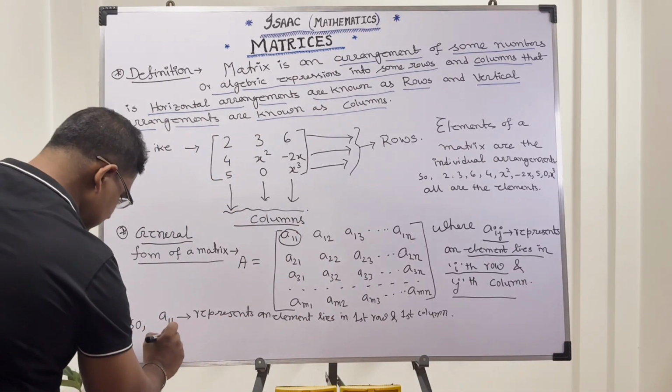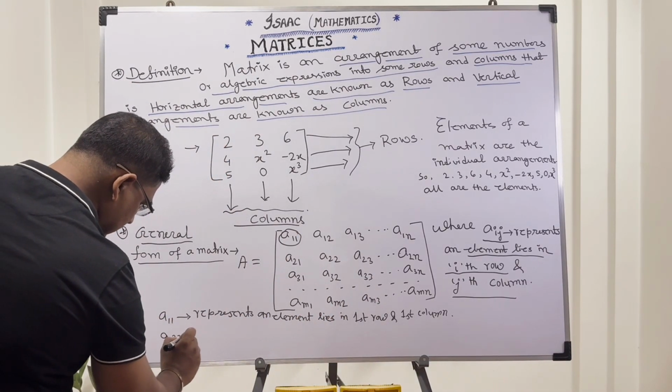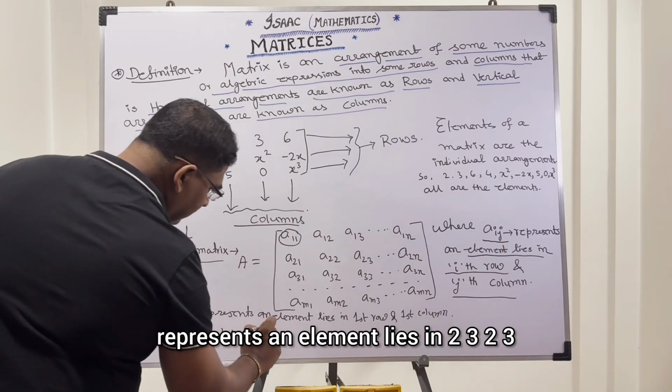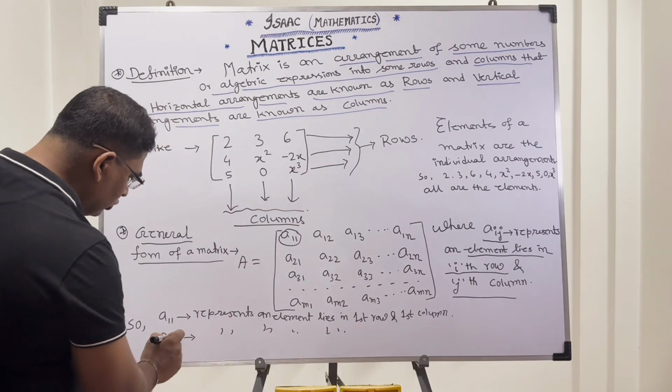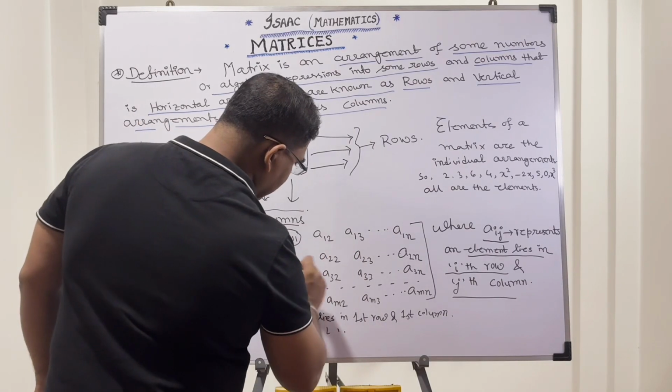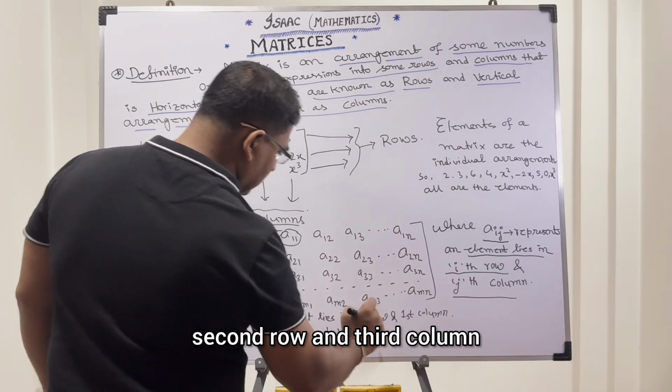A23 represents an element that lies in the second row and third column.